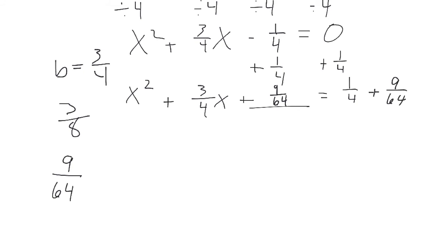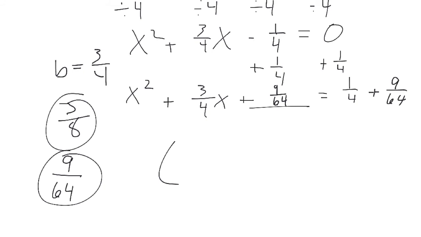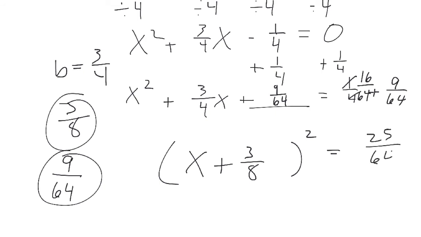That's what gets filled in when you complete the square. 1/4 is the same thing as multiplying both by 16. It's the same thing as 16/64. So 16 plus 9 is 25/64. Look at that. You can take the square root of both sides quite nicely.